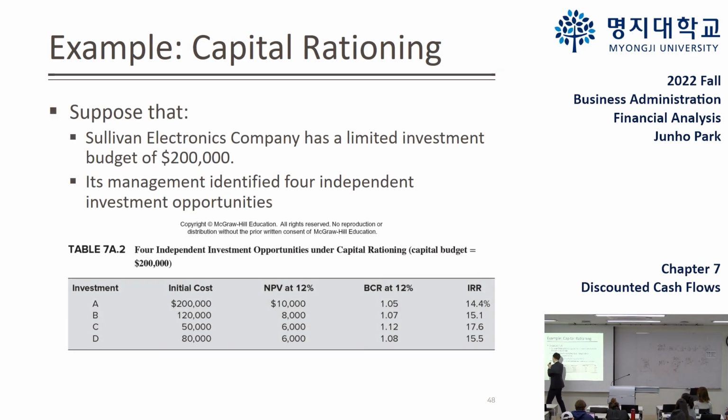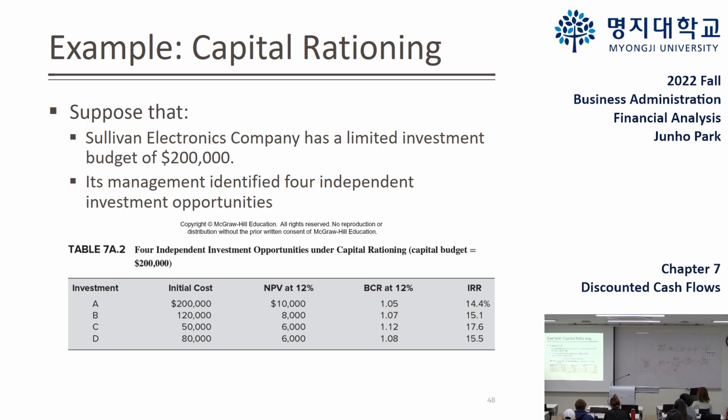If I choose A, then I cannot do anything further because, as I told you, we already spent all of our money. However, if I choose B for first time, and then we have $80,000, so we can choose C and D additionally, and that's the same as the previous situation. And the strange thing happens when we choose C first. Now, if we choose C first, we spend $50,000 and we have another $150,000.